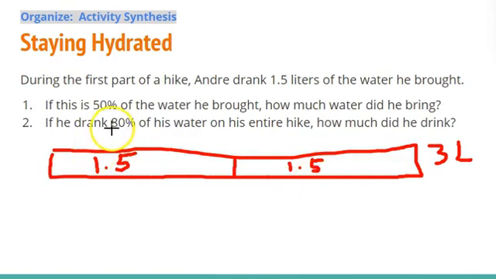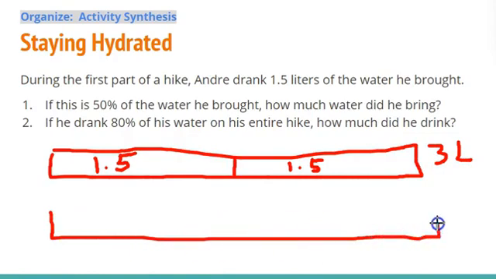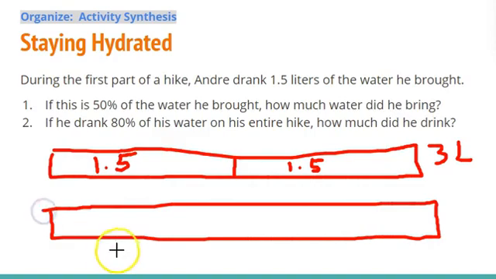And then if he drank 80% of that total 3 liters, how much did he drink? Well, again, we need to break that 3 up into some sort of easy to use amount. We can see that we need 80%.